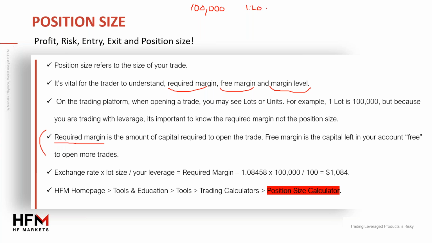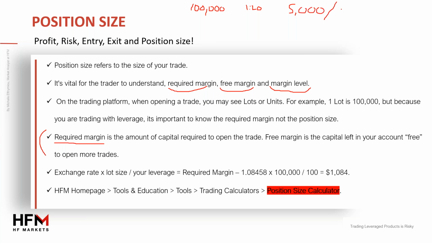Okay, please ignore my handwriting. I'm using unfortunately a computer mouse to write. So if you've got 100,000 in terms of the position size, you've got a leverage of 1 to 20. It means you're increasing your buying power by 1 to 20. So that means you have a required margin of 5,000.